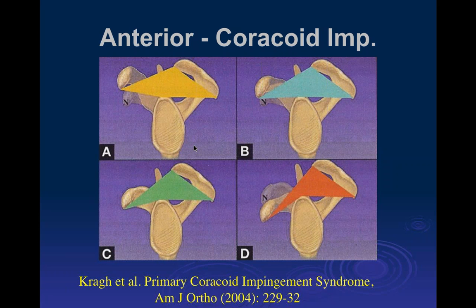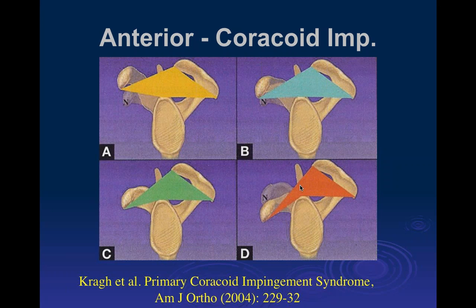Now, this was an article in the American Journal of Orthopedics which stated that there are a number of normal variations of the positioning of the coracoid process with respect to the rest of the scapula, and in particular, coracoid processes which are abnormally inferiorly placed and also extend posteriorly close to the glenoid can increase the risk for anterior impingement in this location.